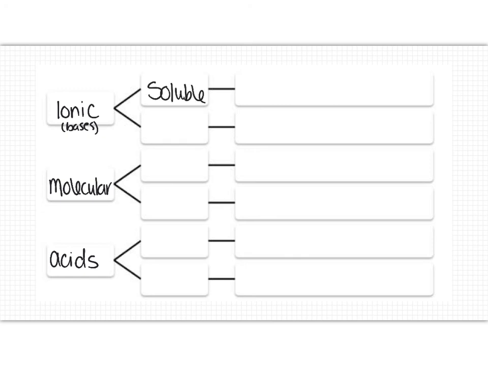This was a little table I thought might be helpful for you to remember how to classify or go about dissociation or major entities. Remember, we divided into 3 different categories. We had ionics, which included bases. We had molecular, and we have acidic compounds. Ionic compounds, to determine their dissociation in major entities, you needed to check their solubility. They were dependent on being soluble or insoluble.